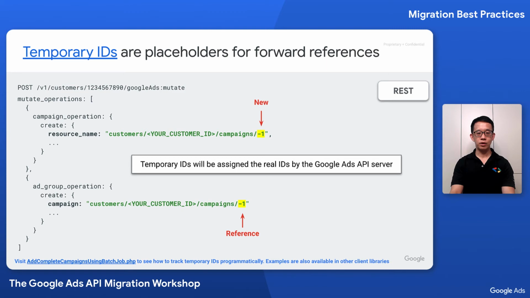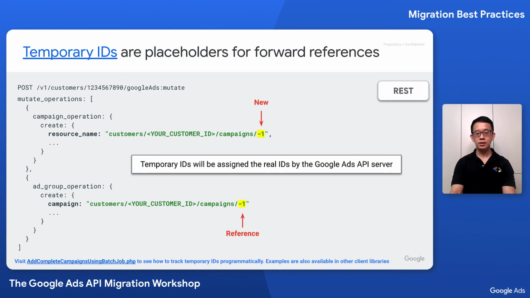But here we are using the GoogleAdsService.Mutate, so we need to specify the resource name using the temporary ID as -1. Then in the ad group operation, where we want to create a new ad group, we can link the ad group to the campaign by specifying the campaign resource name using the temporary ID -1 that we used before.